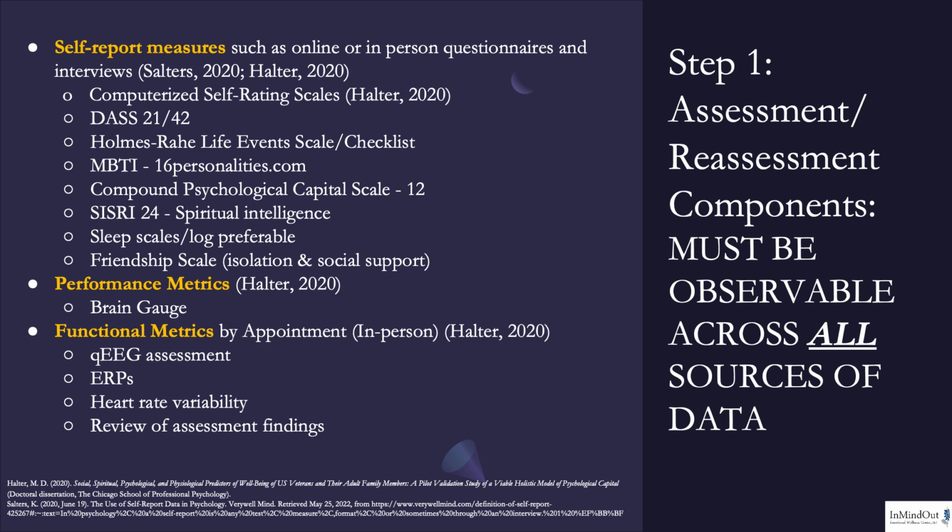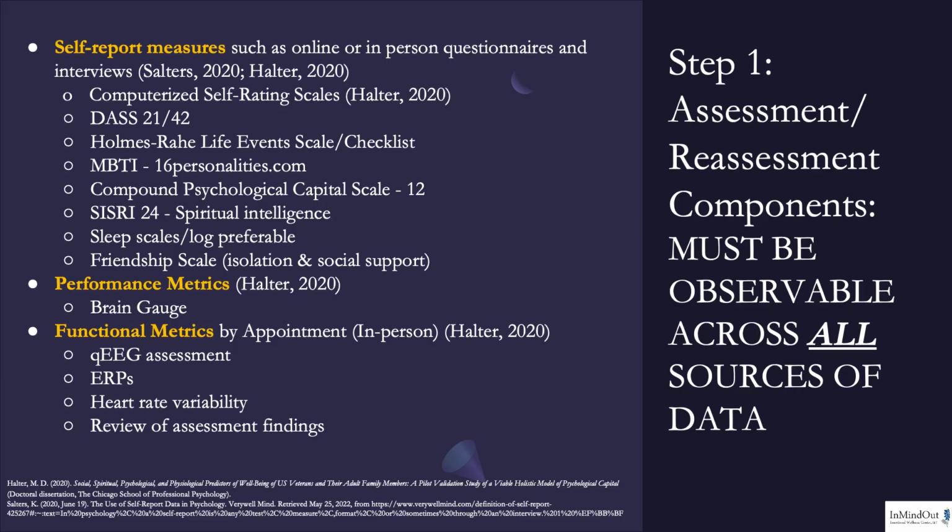Then when it comes to performance metrics, we can have the TOVA or a BrainGauge or any kind of performance metric that lets us know something about the person's complaint, that has to be measurable in some way in a performance type aspect.